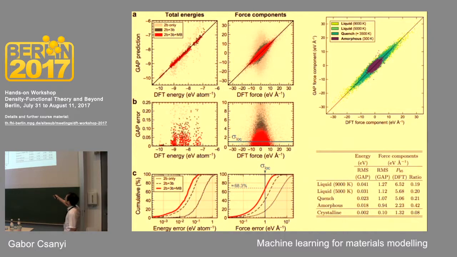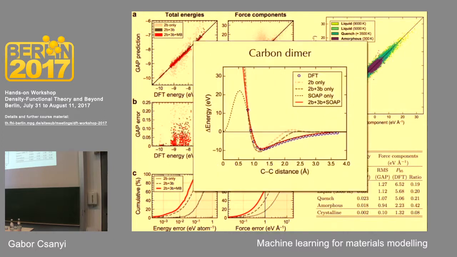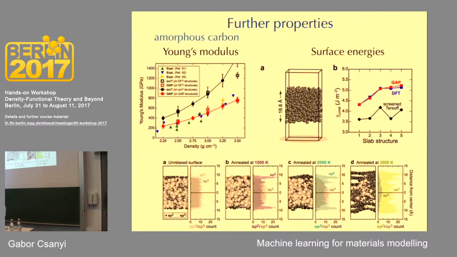The interesting thing is that the 2 plus 3 body potential is not actually a very good potential. You can't do a lot of science with it. But the extra improvement that we get from the many-body SOAP kernel is good enough to produce very good properties of amorphous carbon, which you don't get if you just use a three-body potential.